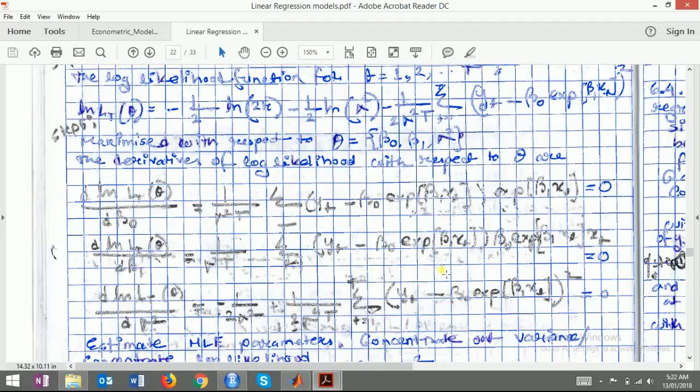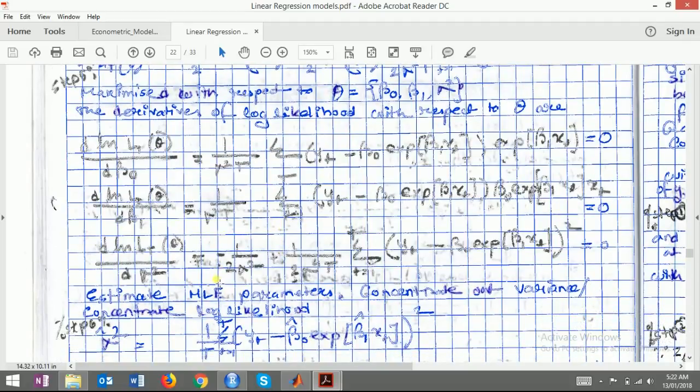Because we're talking about beta naught, and now here we're talking about beta 1, beta 1 is within beta naught exponential of beta 1 xt. So this is the changing part, and for sigma square, we have minus 1 by 2 sigma square plus 1 by 2 sigma to the power 4, and this whole part.